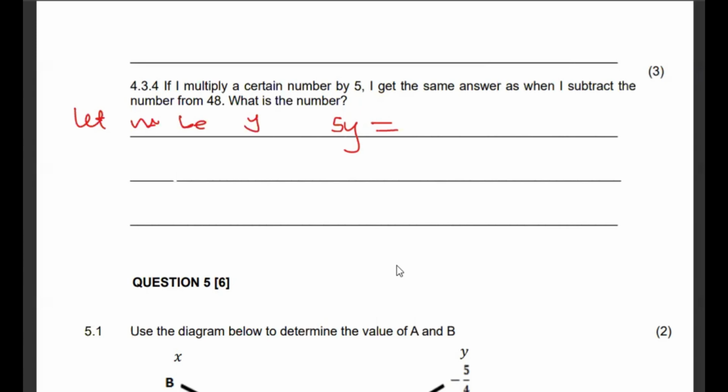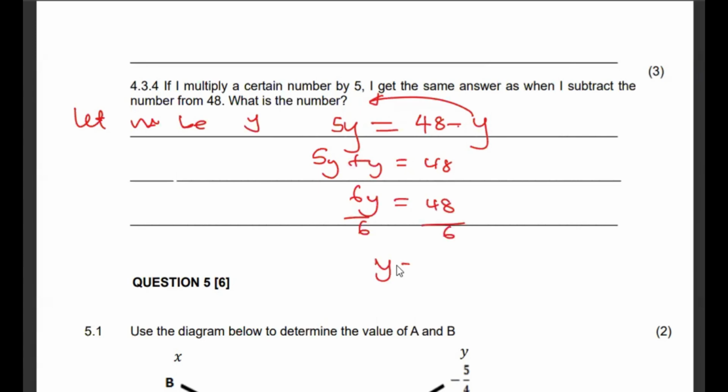It's the same as 48 minus y. That's what the question says. What is the number? Let's move this y to this side. So it's going to be 5y plus y becomes 48. 6y is 48. Divide both sides by 6. y becomes 8. So the number is 8.